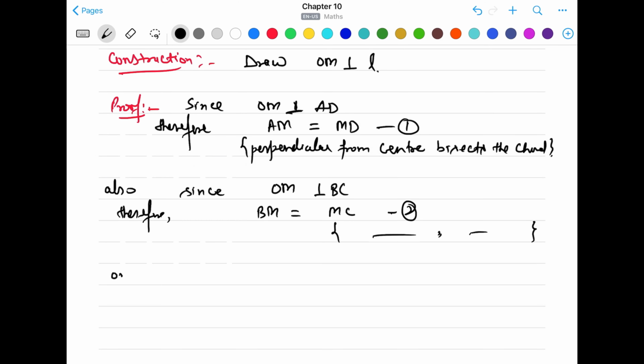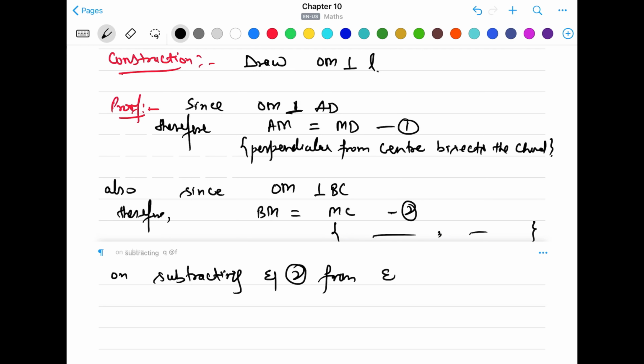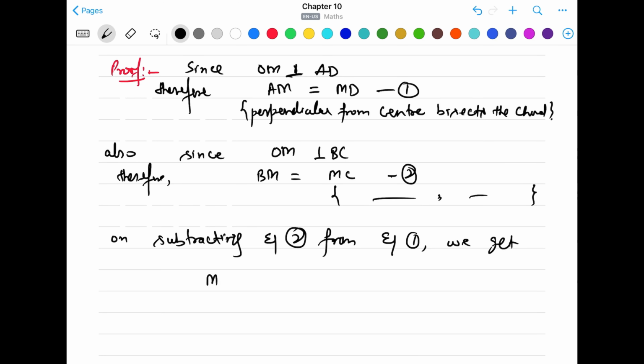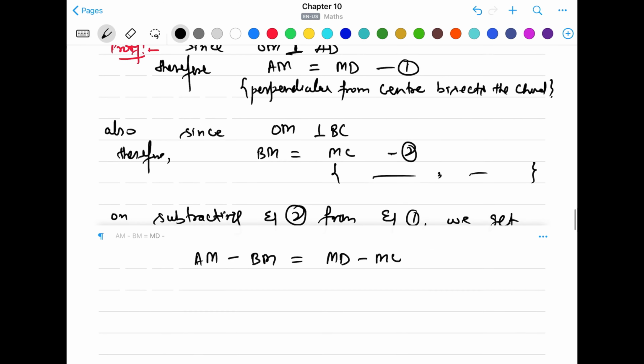On subtracting equation 2 from equation 1, what we get is AM minus BM on one side, and on the other side MD minus MC.